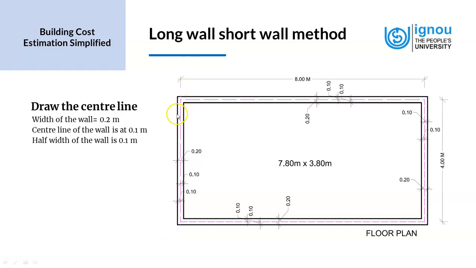The center line is the line passing through the center of the brick wall, and because the width of the wall is 0.2 meters, the center line divides it into two equal halves, running at 0.1 meter. The center line is shown in a semi-dotted line, and it runs around the wall, as you can see. On either side, the measurement of the wall is the same, 0.1 on one side and 0.1 on the other side.